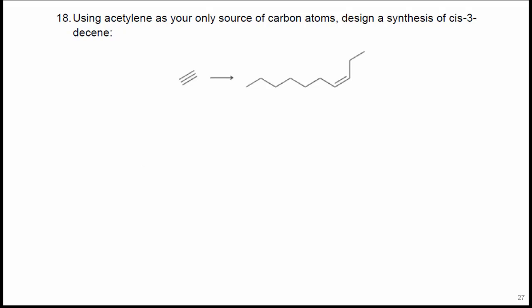So acetylene is our only source of carbon atoms. So this is going to make things a little bit trickier because we can only use acetylene to add carbons. So we can't just add any carbon chain willy-nilly. So this one will take us a little bit of time to get there. But if we're going to make our initial observations here, I have 2 carbons.